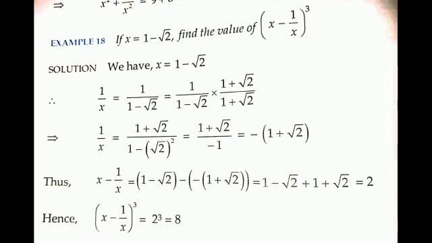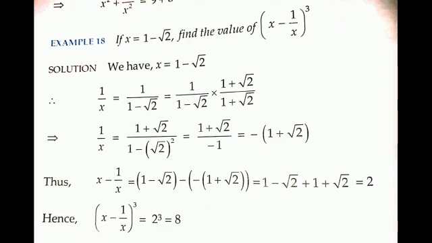Therefore we have 1 by x is equal to 1 plus root 2 divided by 1 square minus root 2 whole square, which gives us 1 plus root 2 by minus 1. And finally it is minus 1 minus root 2.